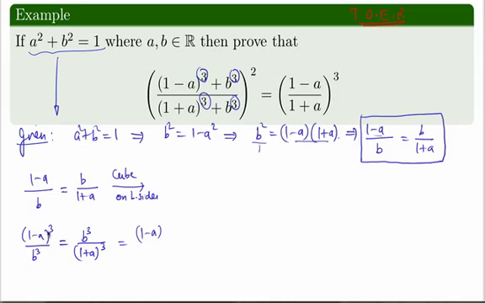Let me call this expression as capital A, this expression as capital B, this expression as capital C, that is b cube is capital C, and 1 plus a the whole cube is D. So this will be equal to A plus C upon B plus D. Yeah. So what do I get here? 1 minus a the whole cube plus b cube upon b cube plus 1 plus a the whole cube.